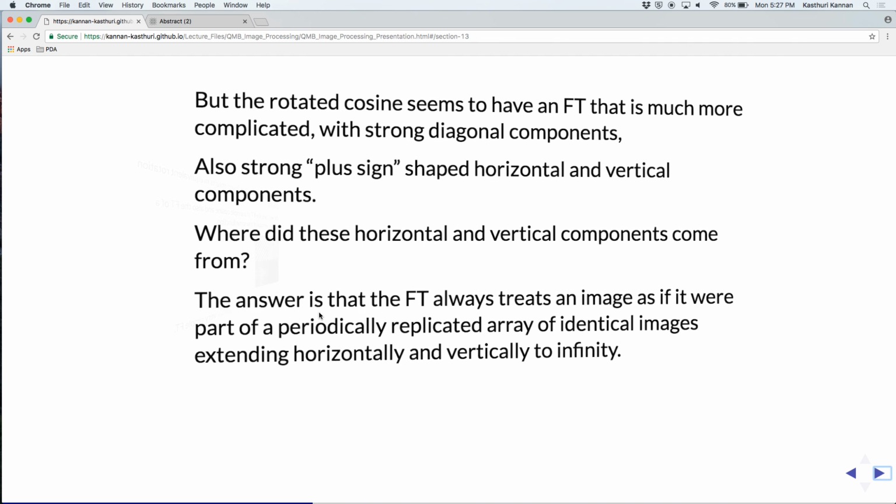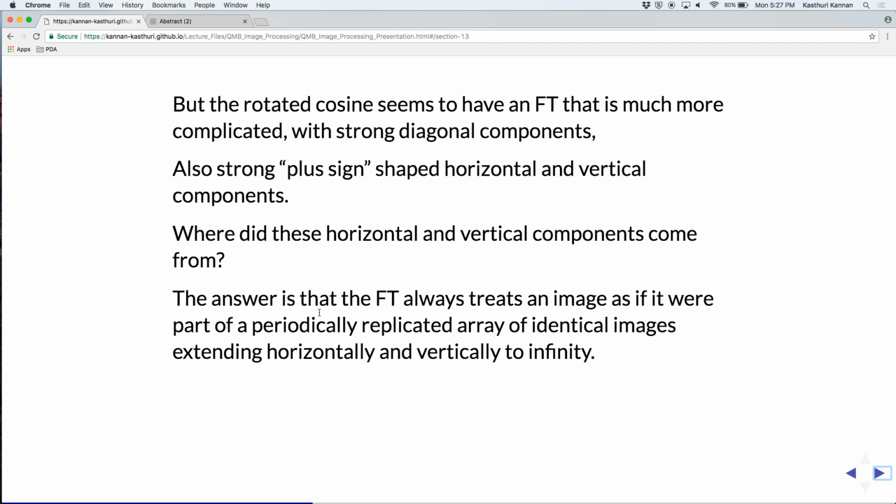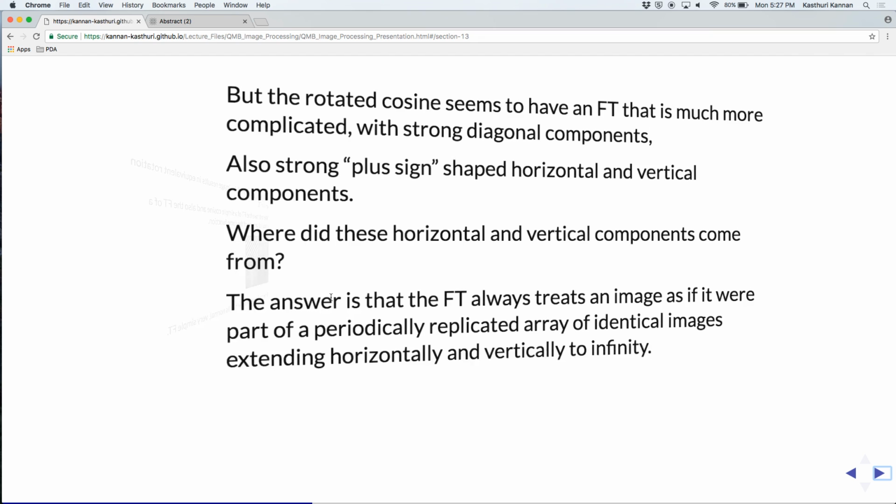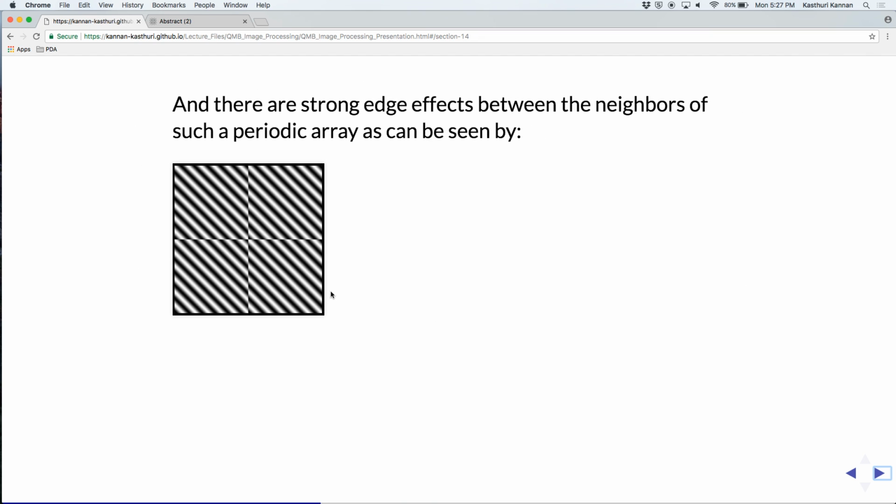Why do we have that? That is because when you have these edges, the Fourier transform takes into consideration a periodic representation of the original image, okay? And that is why you have those effects in there.